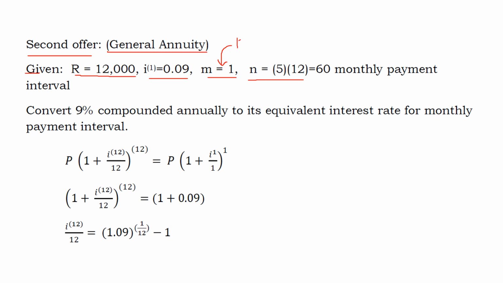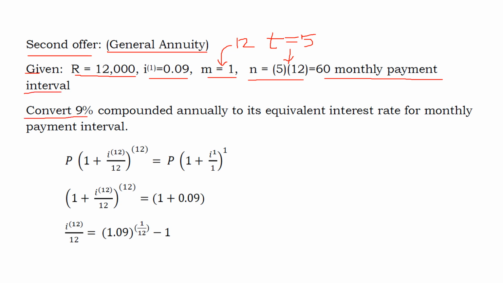M is equal to 12, t is equal to 5, so n becomes 5 multiplied by 12 because it is compounded monthly. That is 60 months, and the payment interval is monthly.